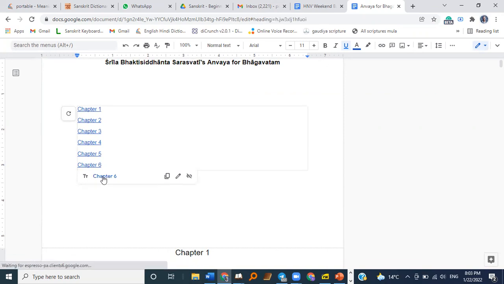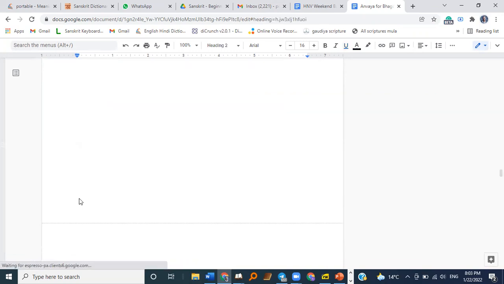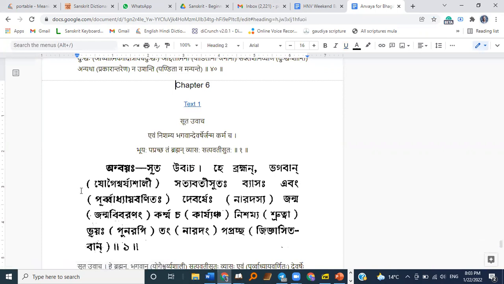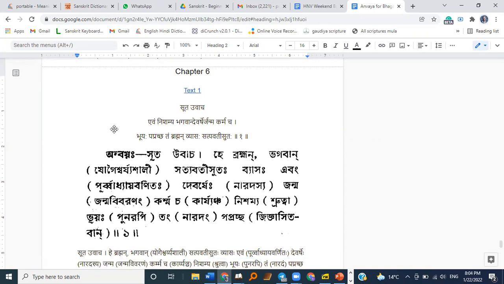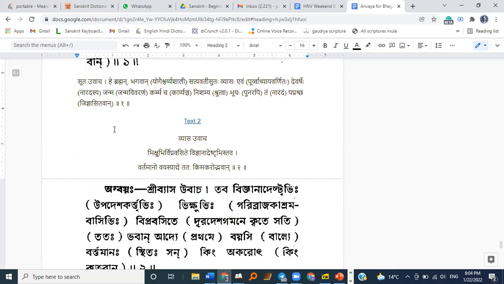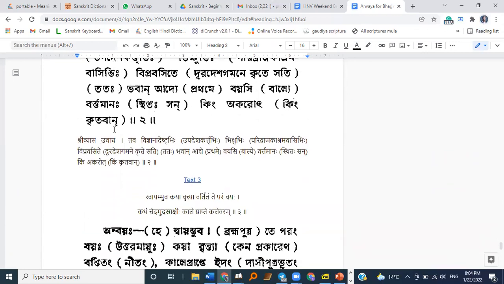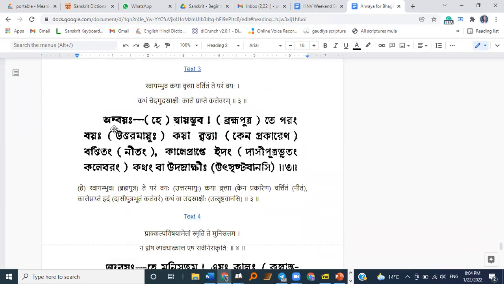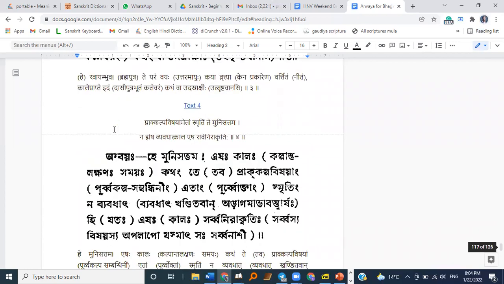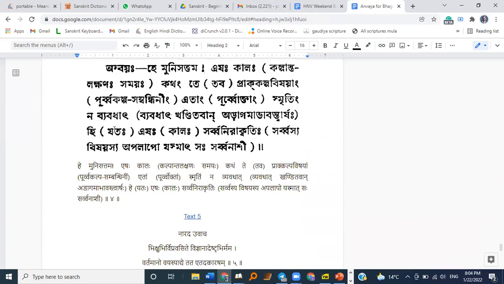Srimad Bhagavatam, Canto 1, Chapter 6, Text 1. No, we started off with 1. We did 2. Yes, we did 2nd. We did 3rd. We did 4th. Yes, we did 4th.